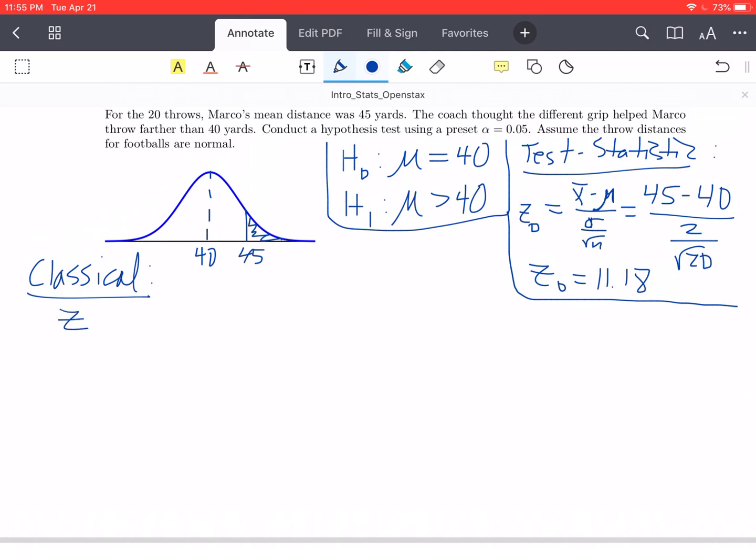So z naught is 11.18. We need to get our critical value, which we abbreviate CV. That's going to be z sub alpha, so z sub 0.05.